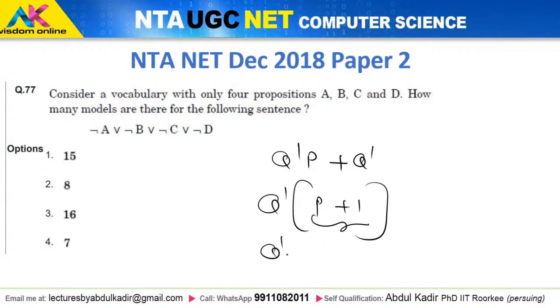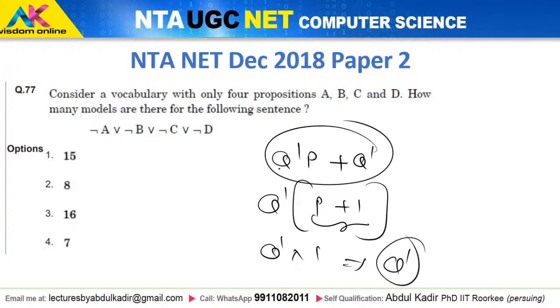So finally you will get q dash and 1, which is nothing but q dash. So q dash p plus q dash is nothing but q dash. Okay, so now is it clear, Amandeep?